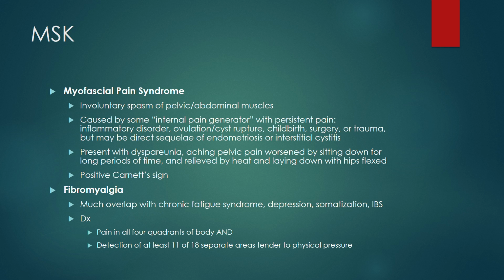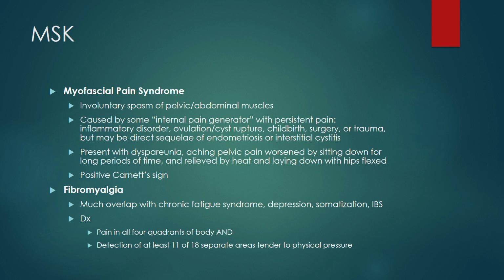Myofascial pain syndrome, like I said earlier, is very common. Essentially what we have is some kind of pain generator, whether that's an inflammatory disorder, ovulation, a cyst rupture, childbirth, surgery, trauma, urinary tract infection, yeast infection, etc., or endometriosis, interstitial cystitis.